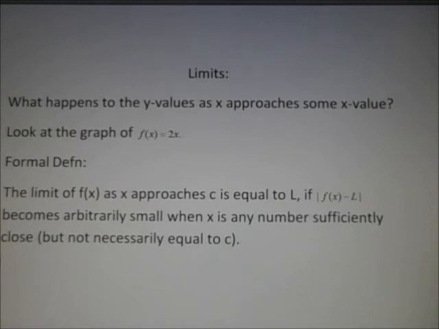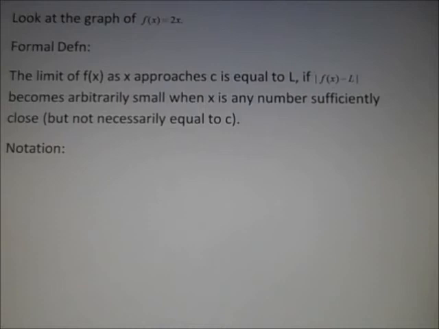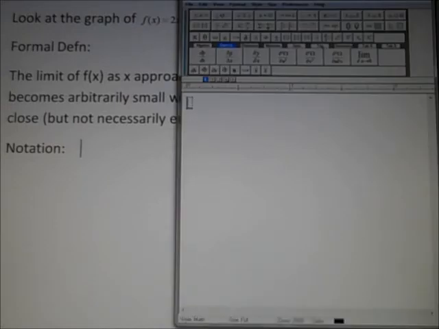Now there is special notation that we're going to use. The notation is actually very important. The notation that we use is called the limit. So the limit, and then in the subscript we say x going to some number. So we say the limit as x approaches c. Let's make that a little bit bigger so you can hopefully see it.